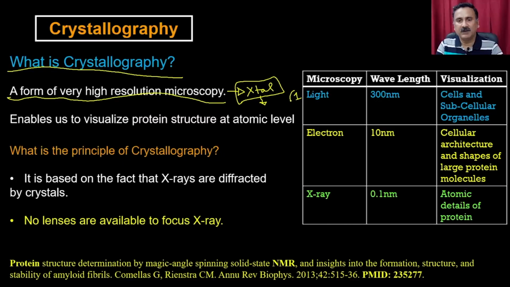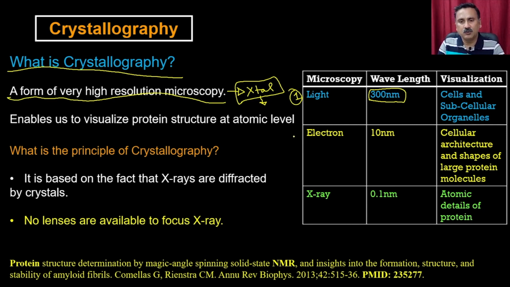What you see here is the potential of different types of microscopy. Light microscopy uses light with a wavelength of around 300 nanometers, and that gives you the visualization of cells or subcellular structures with the help of phase contrast.